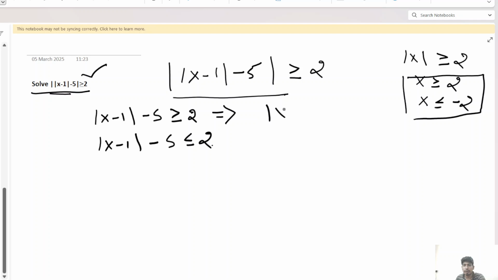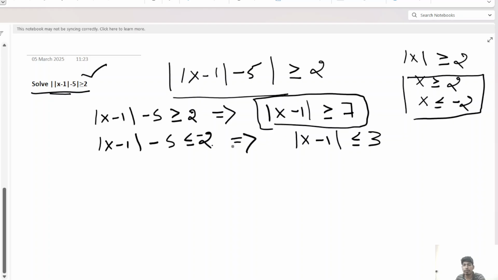Then we solve this. Mod of x minus 1 is greater than 7, and mod of x minus 1 is less than 3. Sorry, here it is only 3. So here only two possibilities: either x minus 1 is greater than 7 or x minus 1 is less than minus 7.